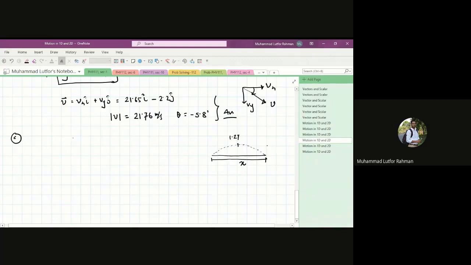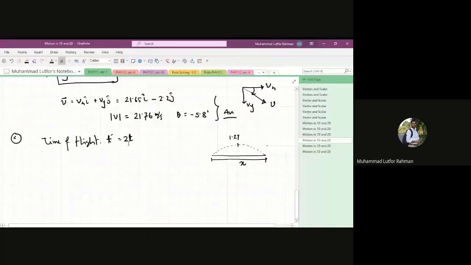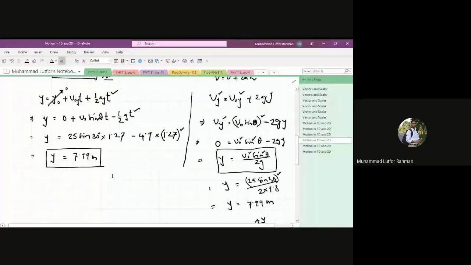That means your time of flight, say t prime, or any symbol you can use, is 2 into t. I found that t, the time to reach the maximum height, is 1.27 seconds. So that's why I use t prime over there.